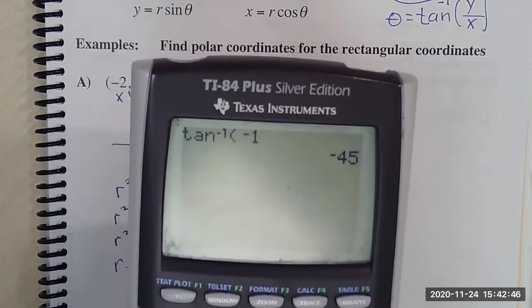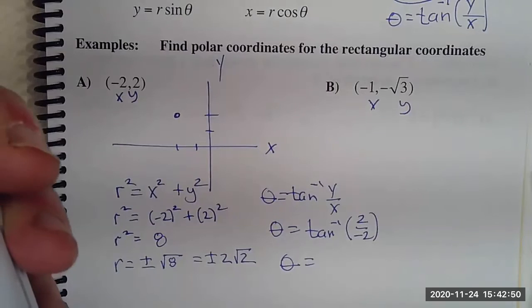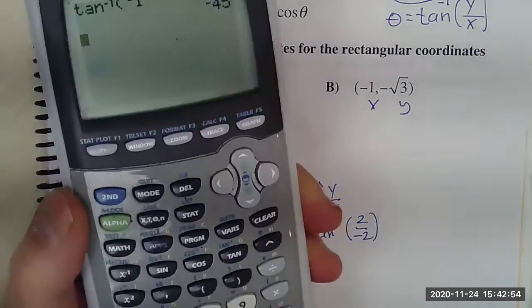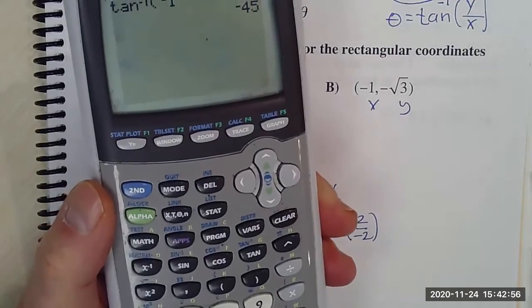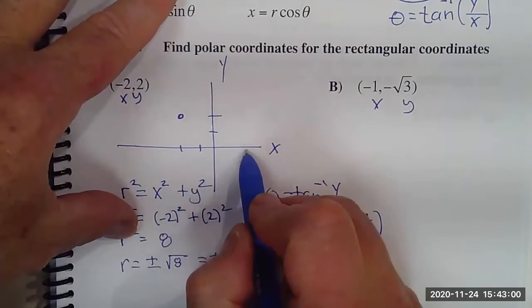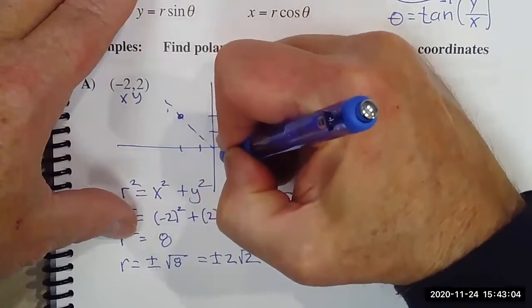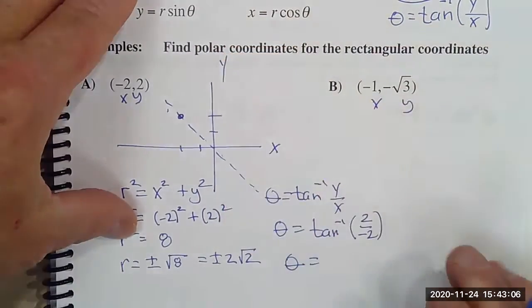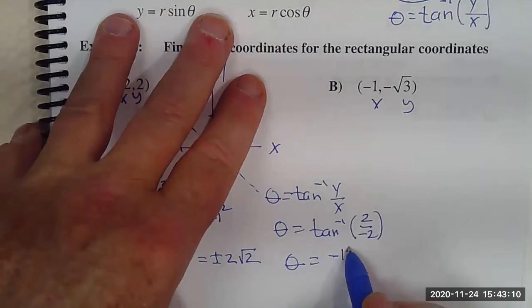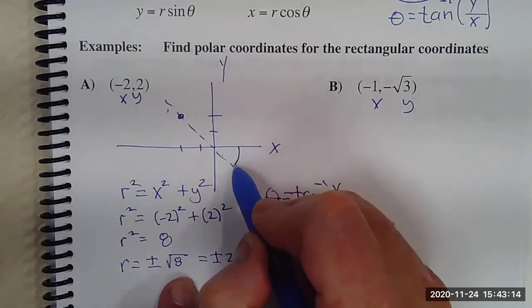Okay, I understand that. I'm going to show you another way besides this one too. So look at this. -45 degrees. That's this right here.